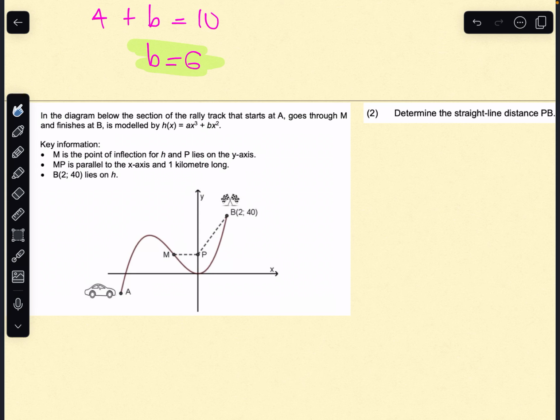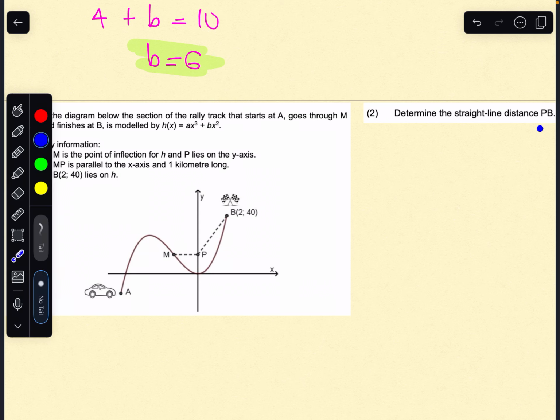Right, then the next question says determine the straight line distance PB. Okay, so we know that P is on the same horizontal line as M. We don't know what the y coordinate of M is, but once we know that, then we know that P will have that same y coordinate, and then we can use our distance formula to work that out. So we now know that h of x is equal to 2x cubed plus 6x squared.